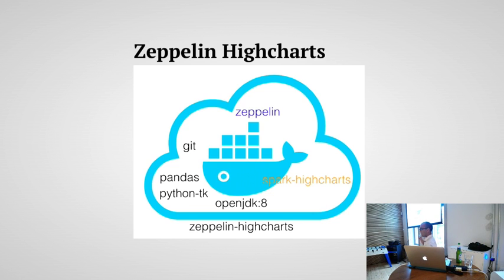I put in pandas because some environments do not support pandas in Zeppelin or just on that machine. And for some library, it needs Python TK. And it's based on OpenJDK. Because it's based on OpenJDK, I can freely publish it. If I don't use Oracle JDK, I'm free.